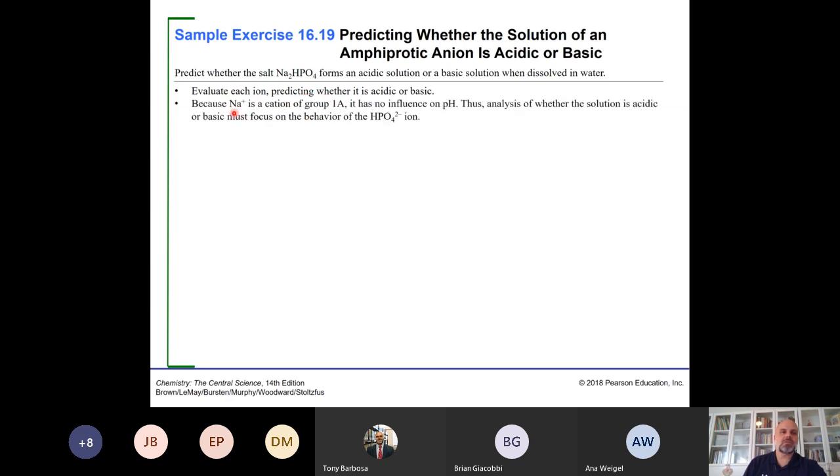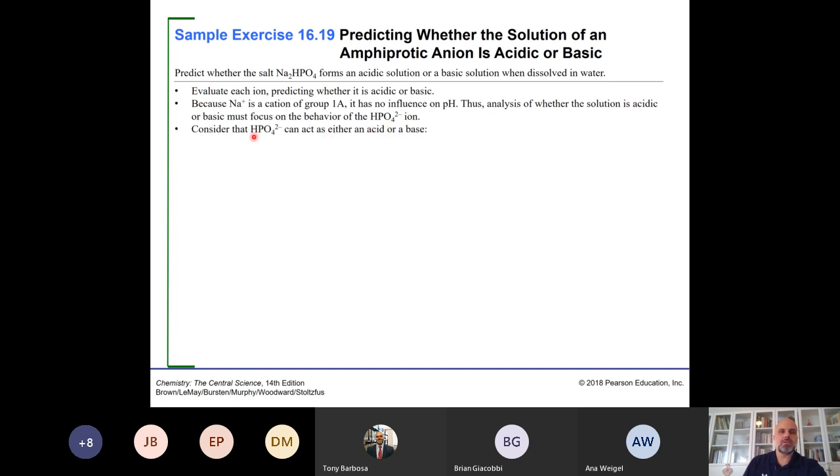First of all, the sodium ion is a cation in group 1A, so it's not going to affect the pH at all. So all we have to do is analyze whether or not the HPO4 anion is going to be acidic or basic. This group here is going to make the decision as to whether the solution is acidic or basic.